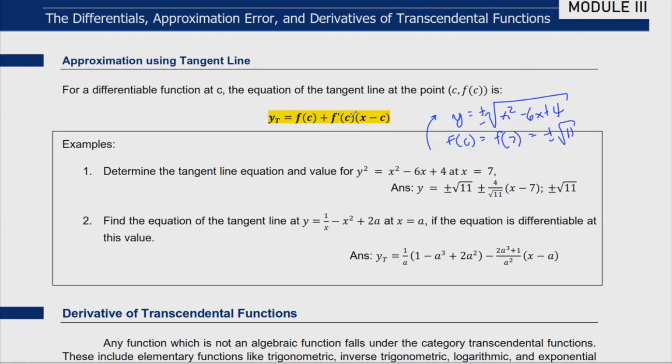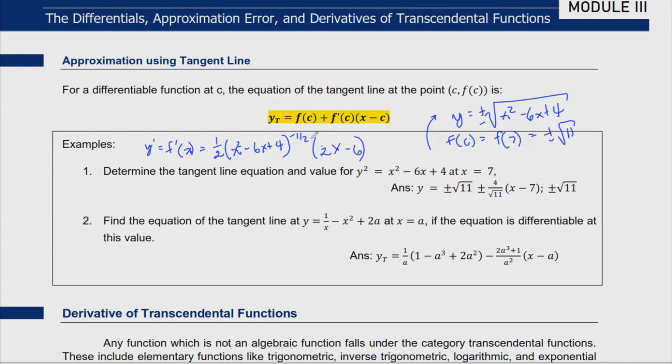But in this case, we need to find the derivative of f of x, or y. So let's find the derivative. We have y prime, or f prime of x, equal to 1/2 times x squared minus 6x plus 4 raised to negative 1/2, and then we multiply this with the derivative of the function, so that's 2x minus 6.